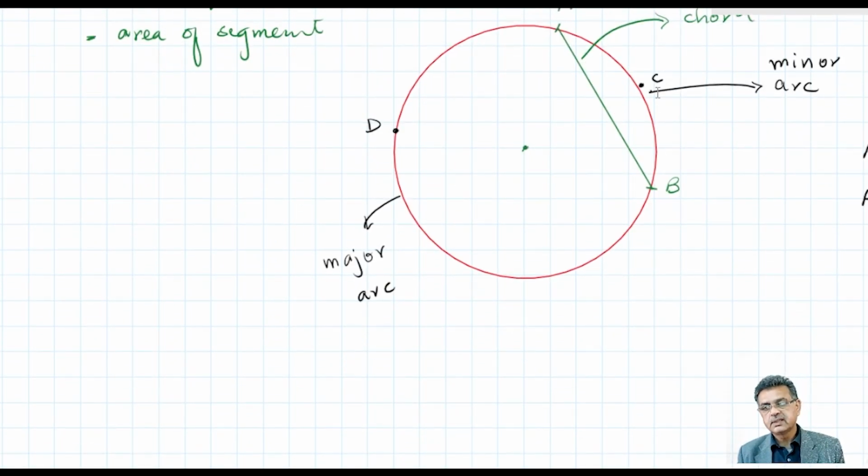If we have to find this length of arc, then the angle at the center, if we mark this angle this way, and the other line this way, this angle at the center is theta.